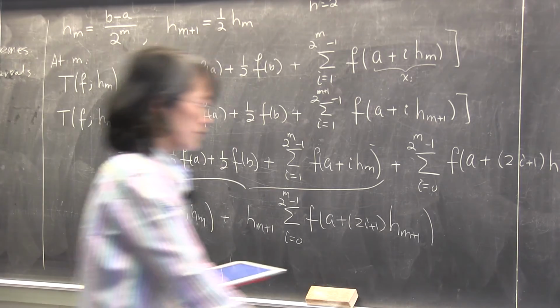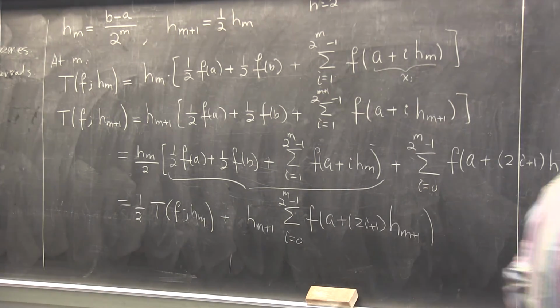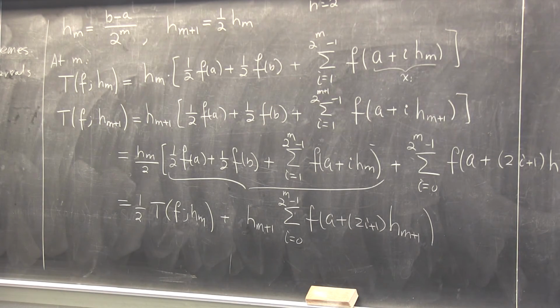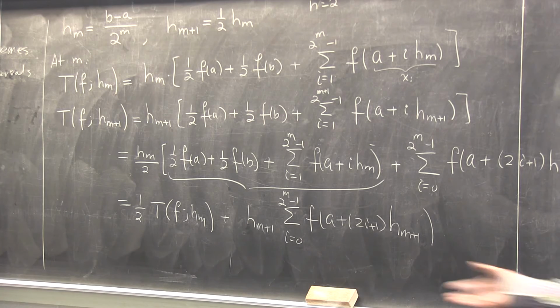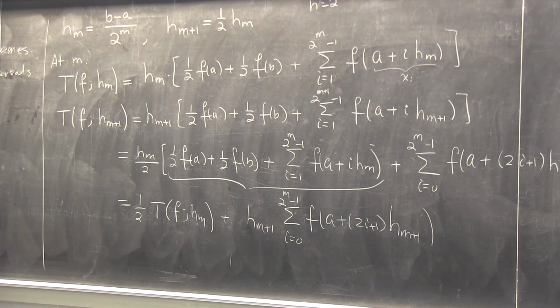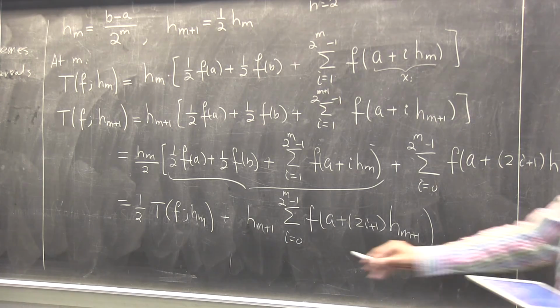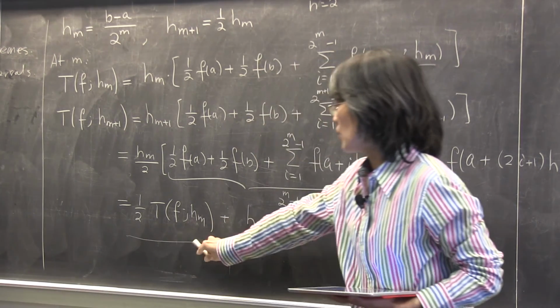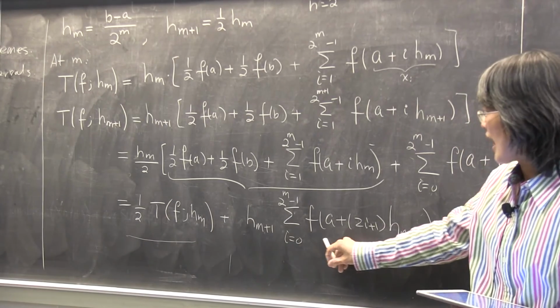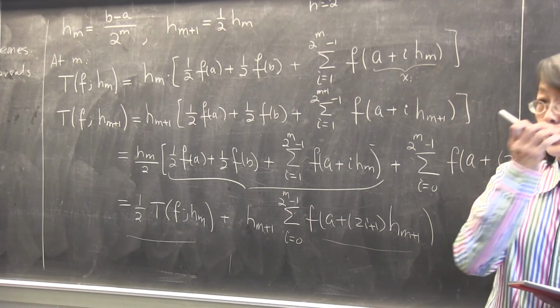Is that clear? So in this computation, once you kind of refined your grid, you cut all the subinterval into half, and you double the total number of intervals, you don't have to throw away the previous computation. You could use the previous computation. You only need to evaluate your function at the newly added points.